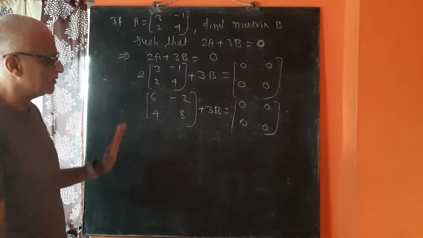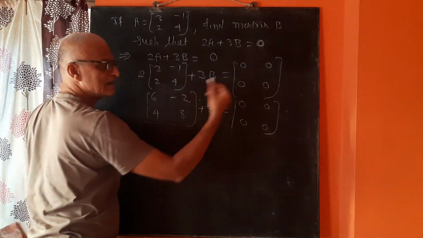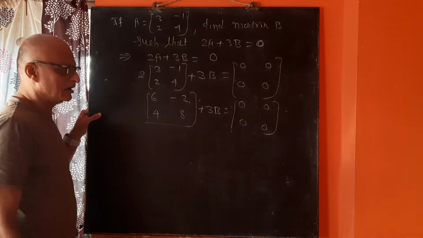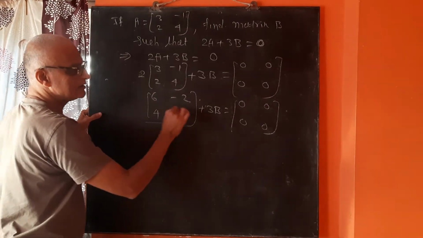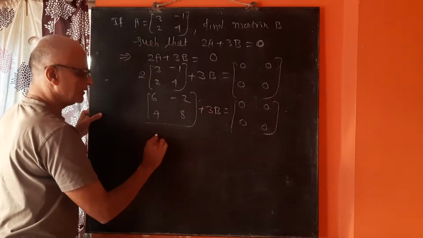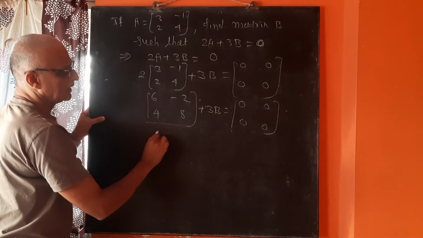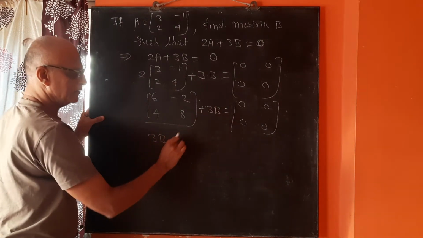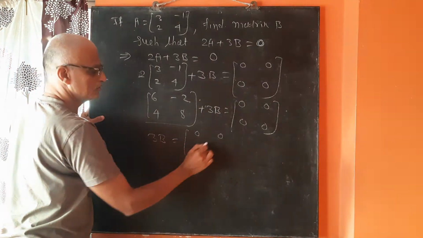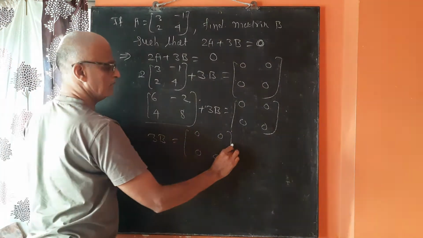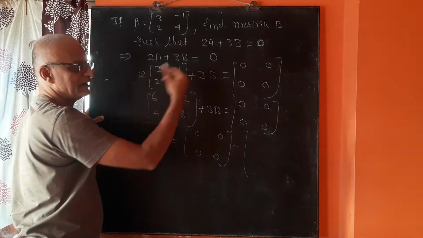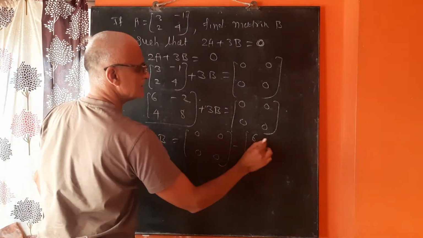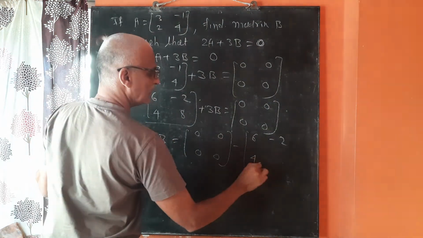To get the matrix B, shift this matrix to the right hand side by using the simple algebra law. So if this matrix is shifted to the right hand side, 3B will stay here, equal to the matrix of 0, 0, 0, 0 minus this whole matrix, which becomes minus the matrix of 6, minus 2, 4 and 8.